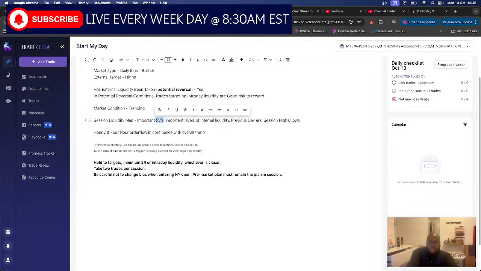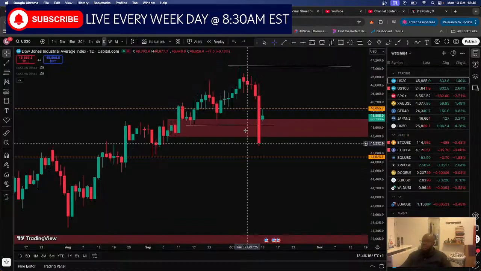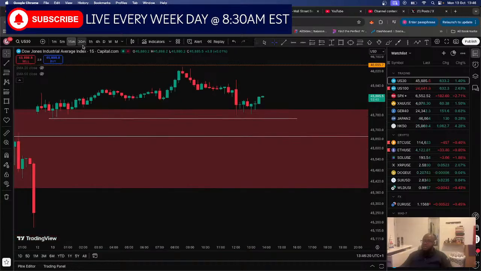We have an area of demand / order block. This level is extremely important because this is where we want to buy. So this is the most important area to position in, our area of liquidity, our order block. So this is the perfect area to buy.